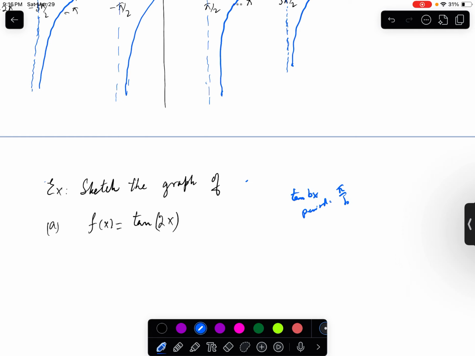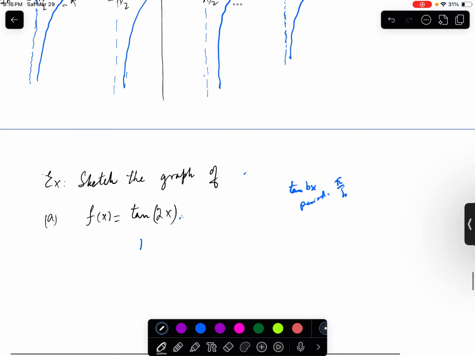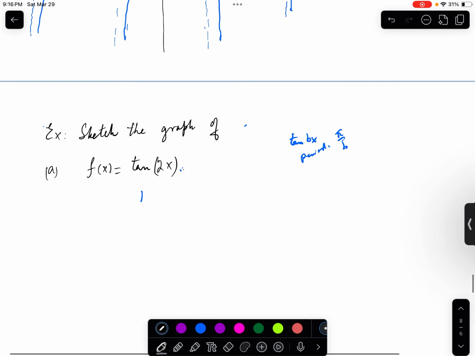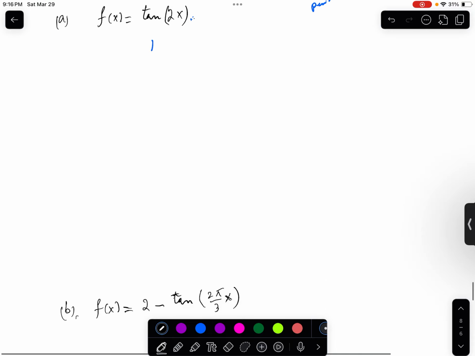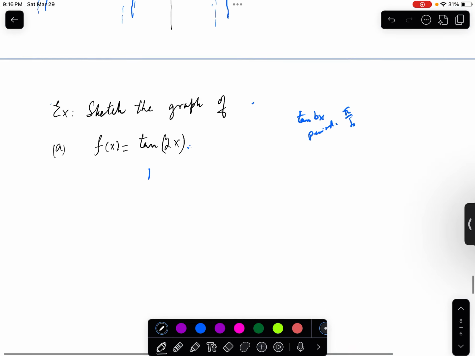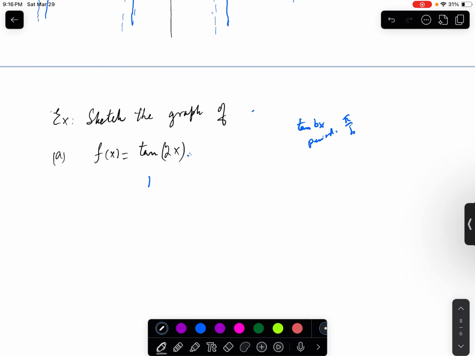So the period will be pi over 2. So what do we do now?